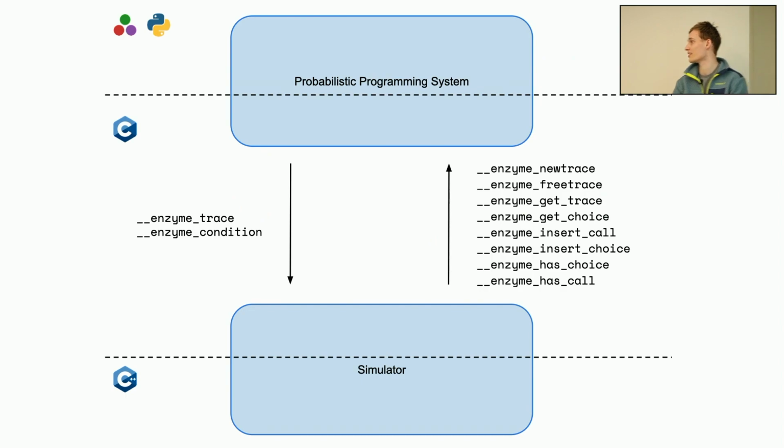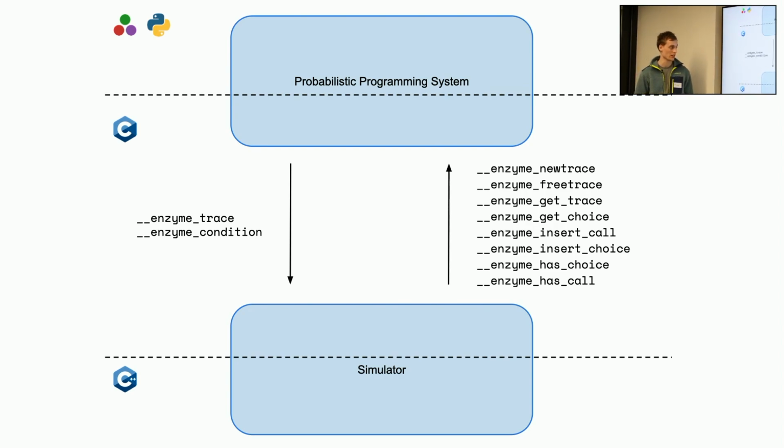Here's a schematic overview of what we actually want to achieve. We want to have our probabilistic programming system up here, which is implemented in Python or Julia, so stuff like Turing or Gen or Pyro come to mind here. And we want to be able to communicate with our own C++ simulator over a C interface, and basically generate those traces we just talked about.